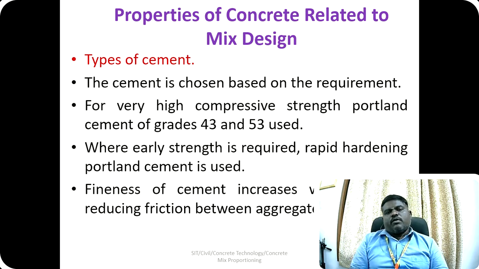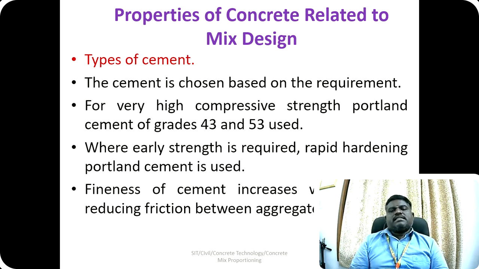Then the second property is the types of cement. Based on the cement, the strength of the concrete is going to be decided because cement is the binder material. When cement is reacted with water, it forms a CSH gel.